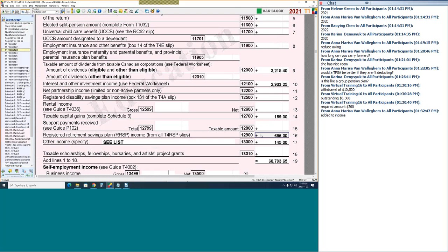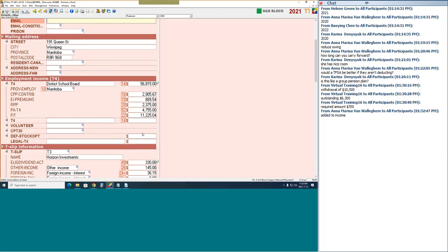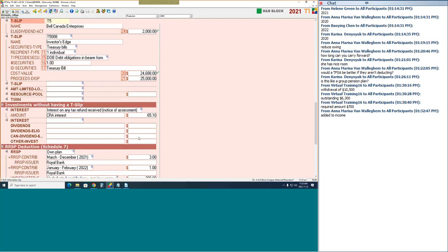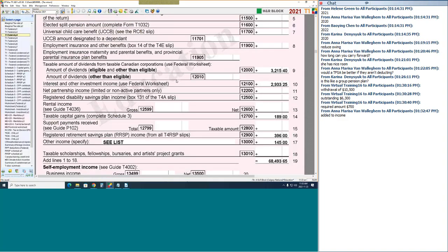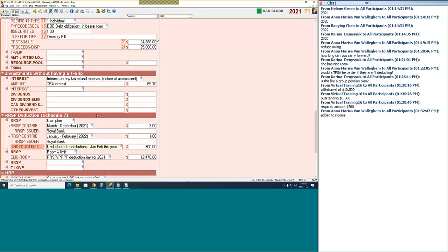If there are no RSPs entered, it will put it into income. If there are RSPs but not enough, it will put as much as it can and then everything else into income. Okay. This is a scenario where maybe we would do a little digging and find out that some of those contributions were not from a previous year, but were actually from January, February of this year, in which case it would be able to use some of them as a homebuyer plan repayment, but you would have to investigate to make that happen.